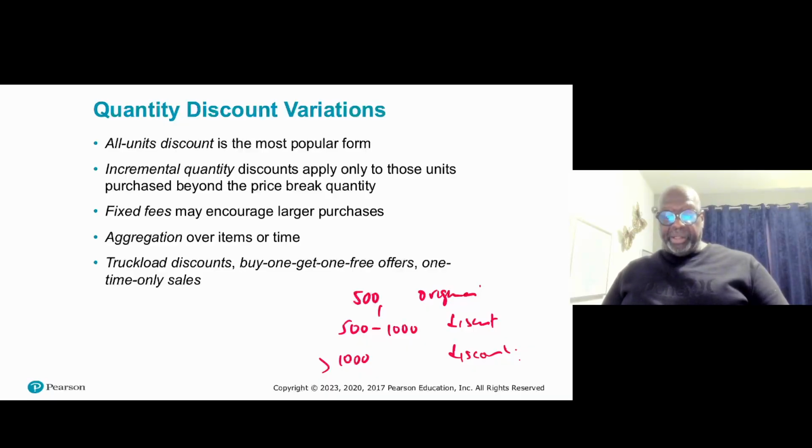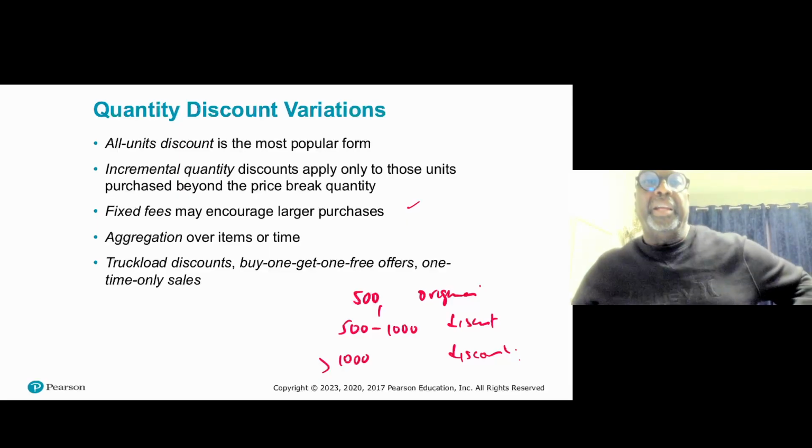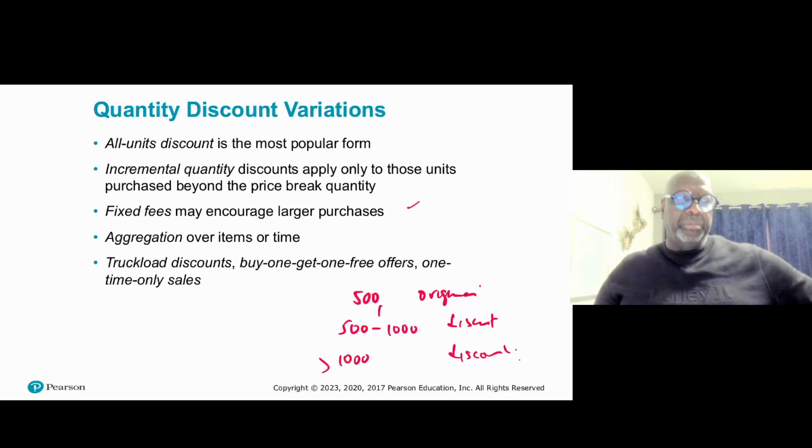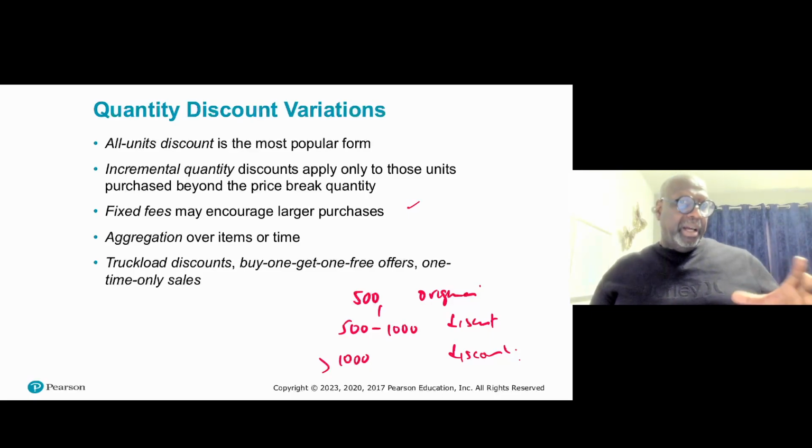So something to just note is that fixed fees might have a tendency to incur larger orders. What it means is that you're trying to reduce your fee per unit, and so you do that. Or aggregation over time or over items. Sometimes you spread a discount over multiple items that are not necessarily the same, but what you do is you just aggregate your discount across a group of items, right?